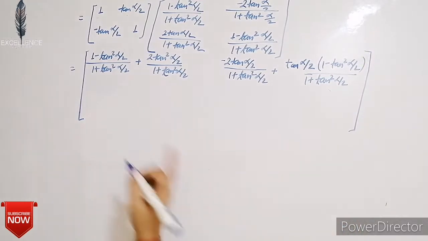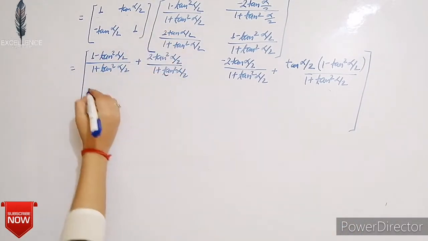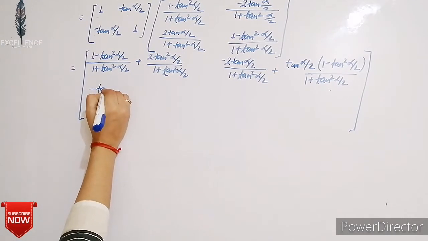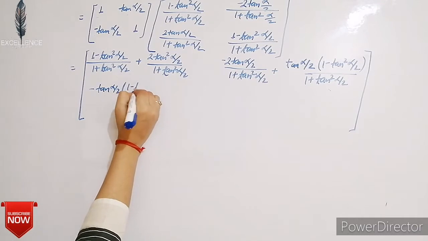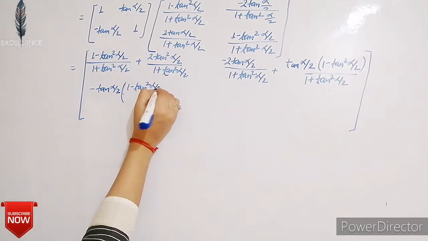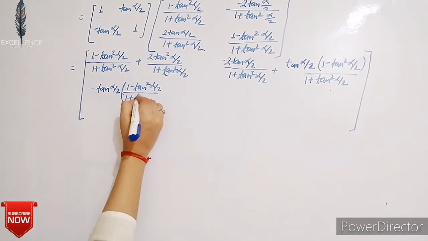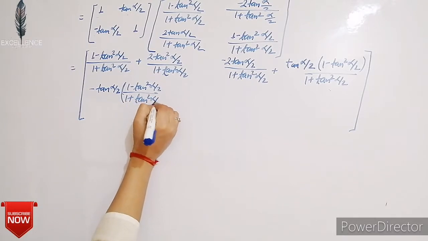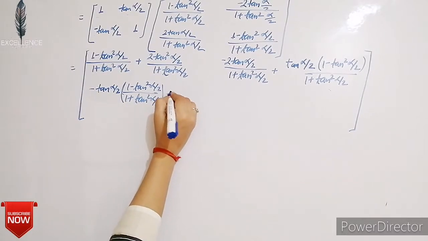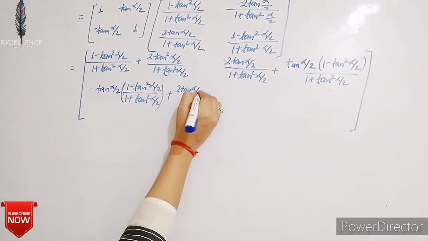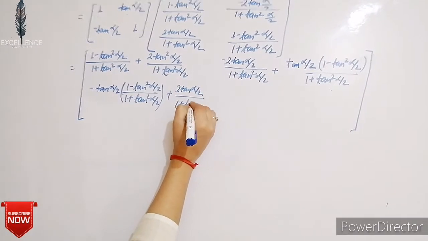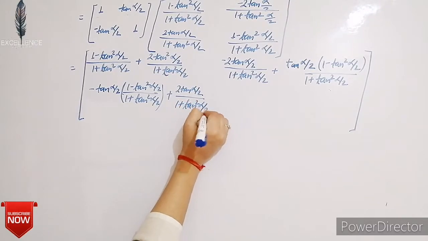Now for second row by first column, then we have minus tan alpha by 2 multiplied by (1 minus tan square alpha by 2) upon (1 plus tan square alpha by 2) plus 2 tan alpha by 2 upon (1 plus tan square alpha by 2).